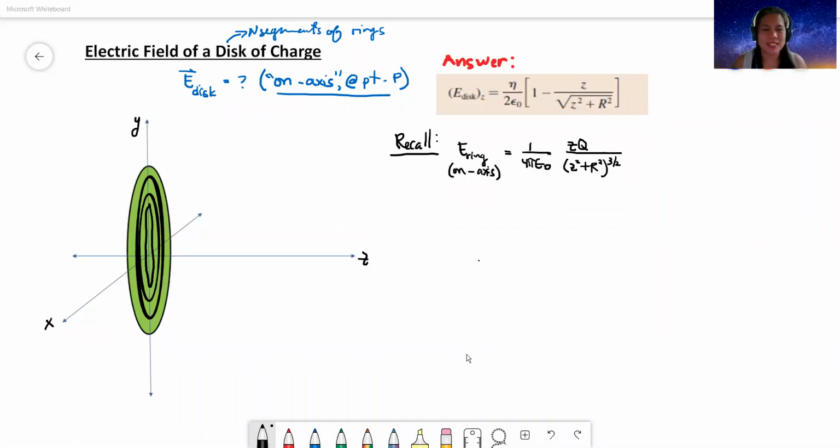Anyway, second step, we have already divided the disk into n segments. And we will choose one segment of this set of rings and call it our ith ring or ith segment.